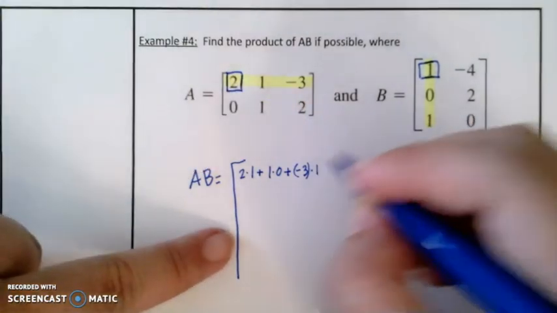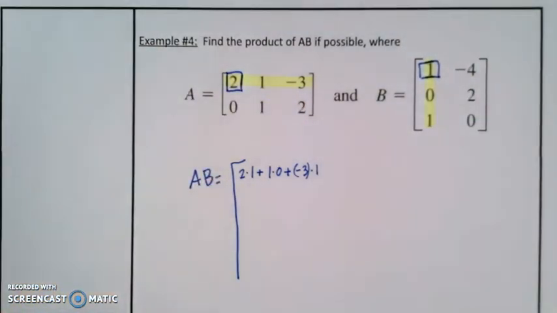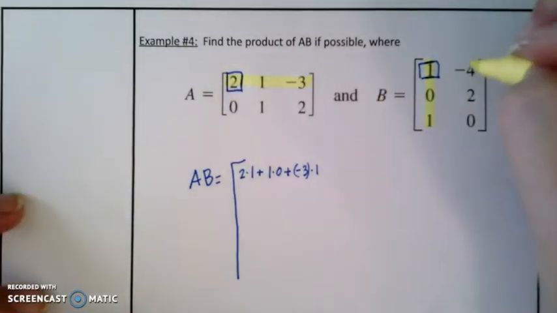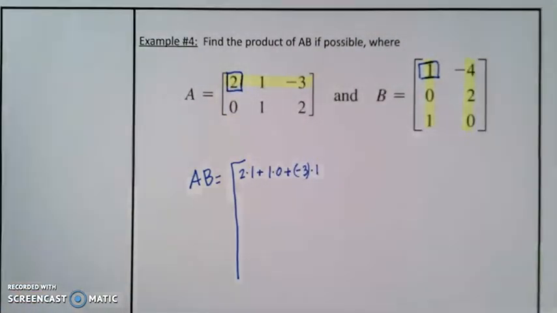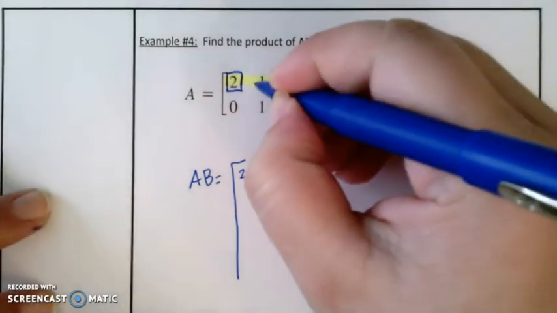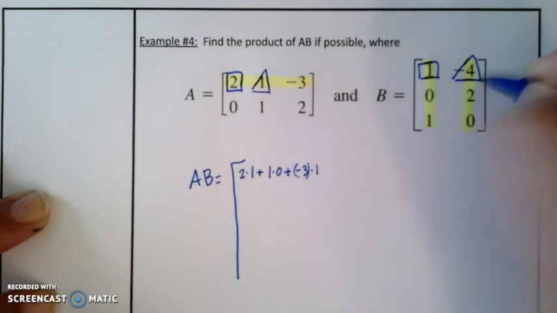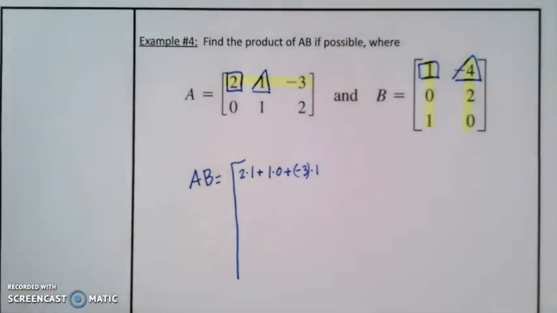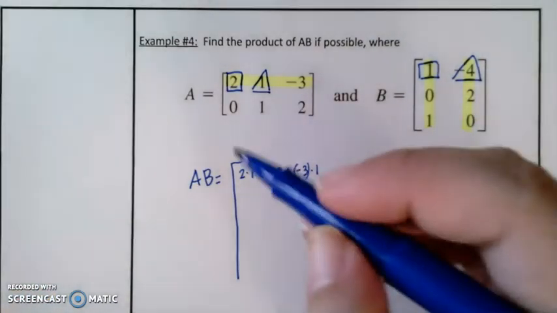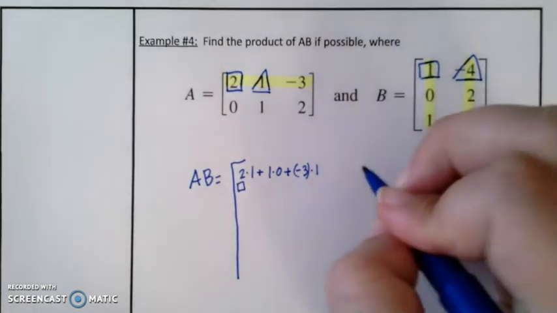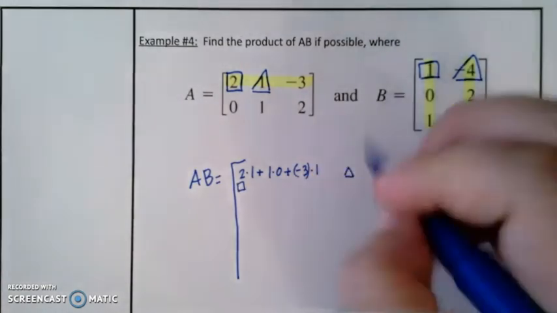Okay, and then the next thing that I would look at is still that first row, but the second column. And those overlap the second element right there. Okay, so we're kind of looking at, if this is like the square, then this is like the triangle.